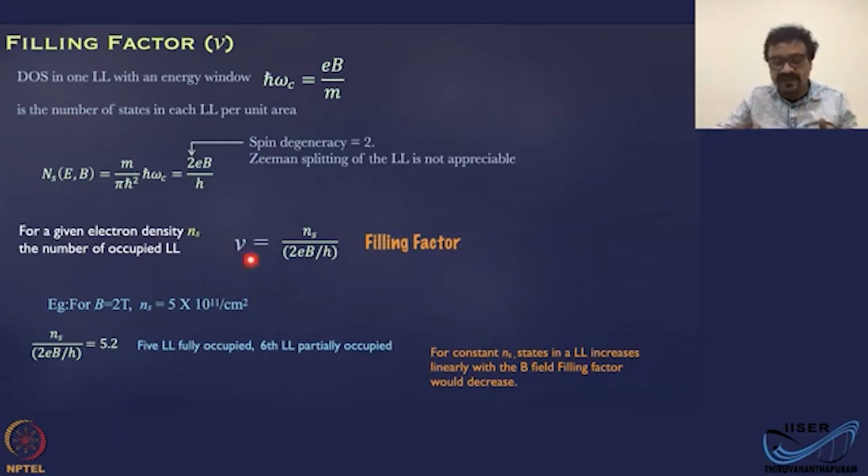What that means, filling factor will decrease. So when you increase the B field, the Landau levels will expand, making more and more states inside each Landau level. Okay. So for a constant charge concentration Ns, the states in each Landau level will increase and the filling factor will decrease.